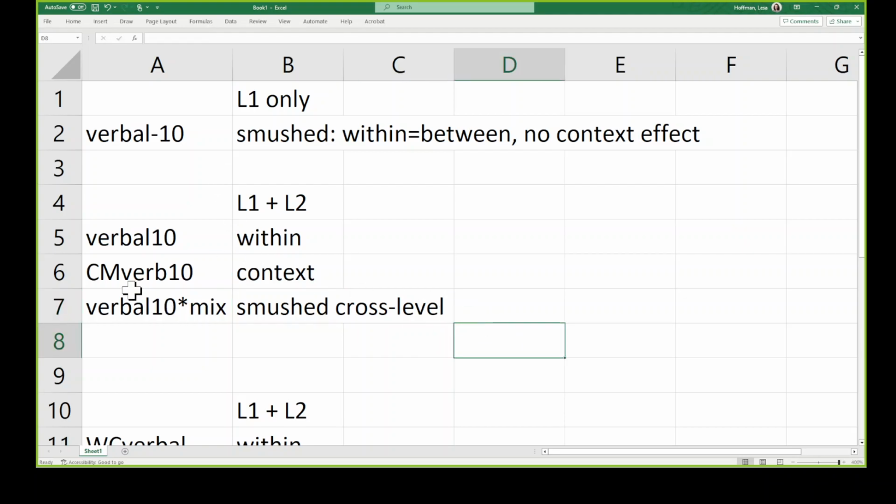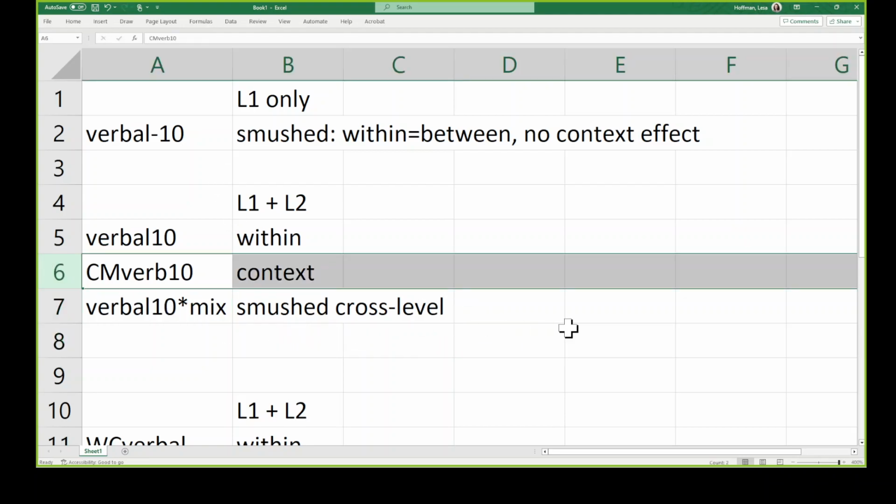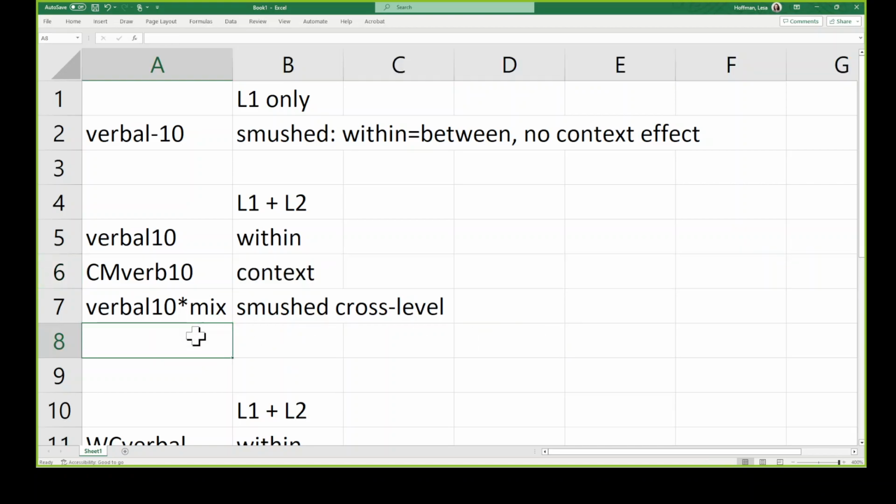So we fixed it before by adding a contextual main effect, right? How do I fix it now? I need a contextual interaction. Do the same thing. That's the rule. Whatever you do to the level 1 thing, you've got to do to the level 2 thing.